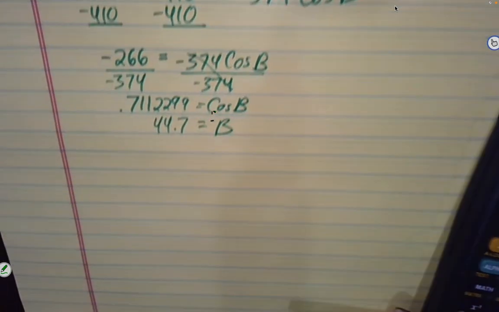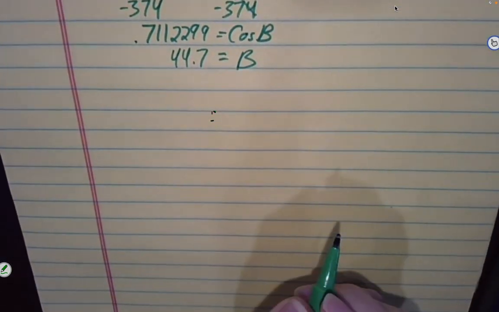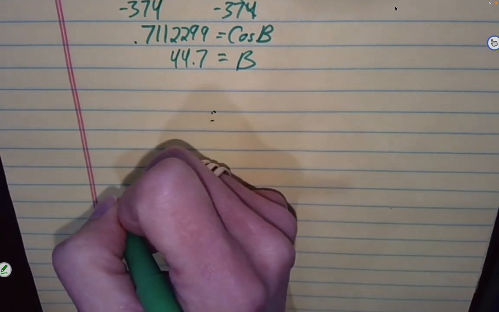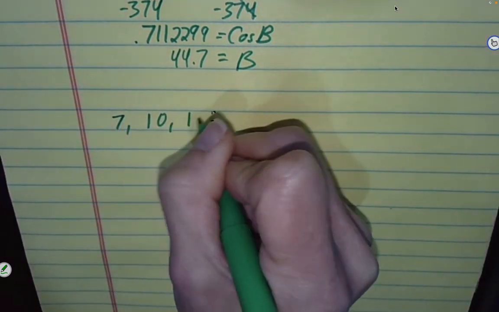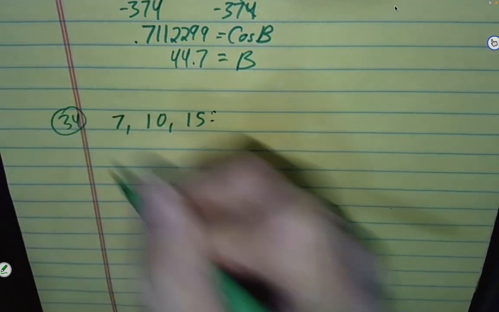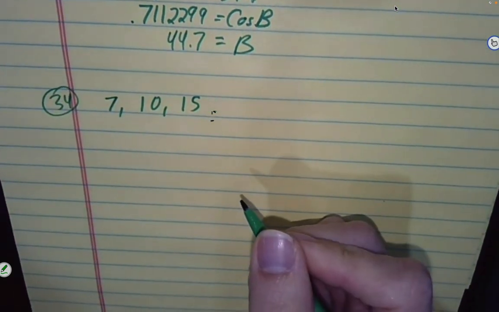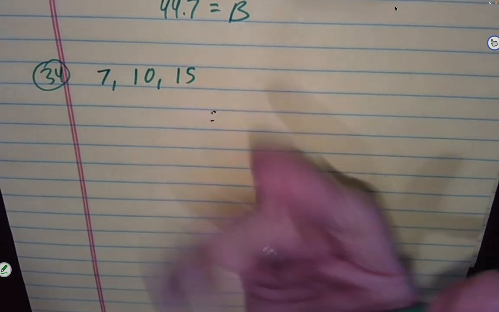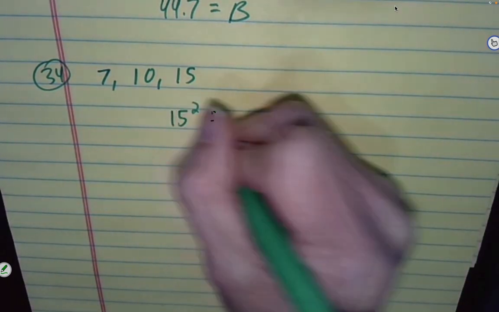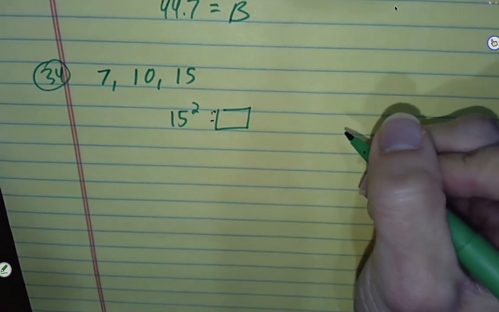All right, then number 34, we did one like this earlier. It says you have a triangle and it gives us three side lengths, 7, 10, and 15. And it wants to know if it's acute, obtuse, or right. So you start with the hypotenuse, the biggest number, 15 squared, and we're trying to see what it's going to be.